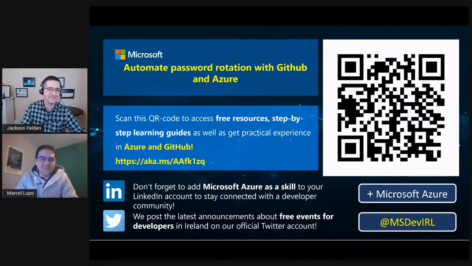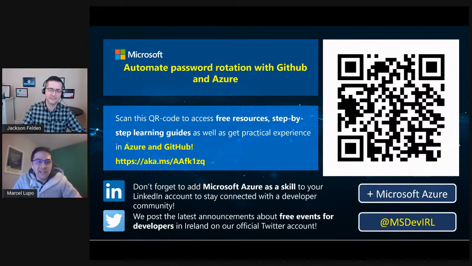Thanks, Jackson, and thank you very much for having me on the session today. It's a pleasure to present what I'm going to show you on GitHub. Basically, I'm a DevOps architect manager working at Avanade, and I love automation. I love Azure Cloud.